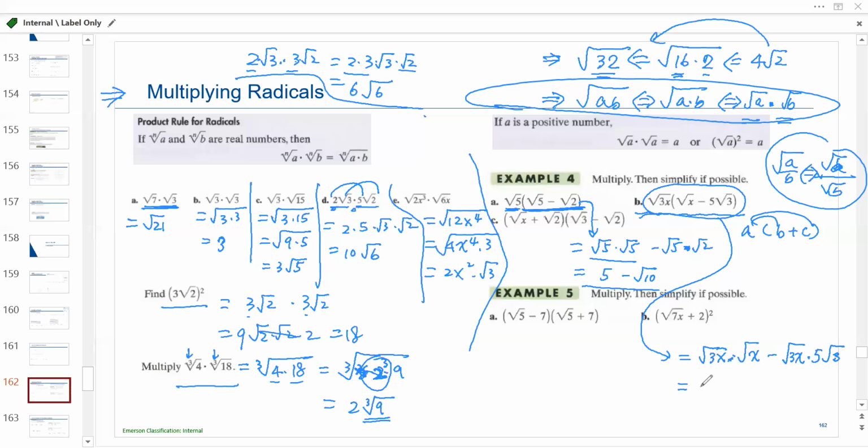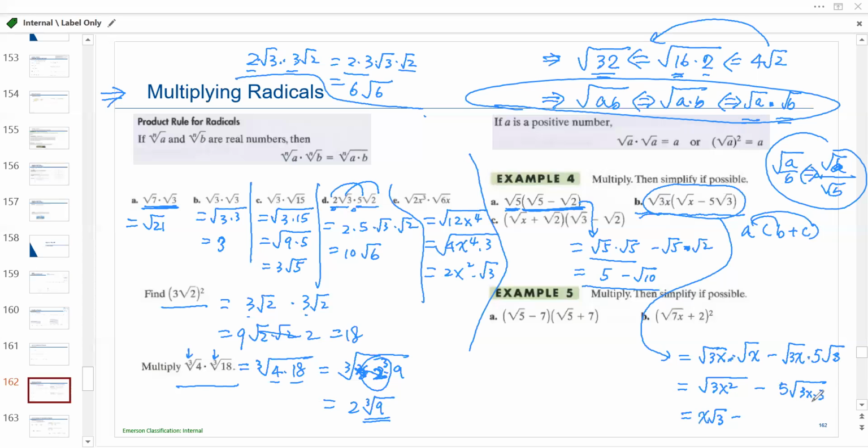All right. So like this one, right now it's easy to see. Under the radical, we can have 3x squared, right? What about this one? So 5 put in front, right? So here inside is 3x times 3, so here became x square root 3, right? And here is 5.